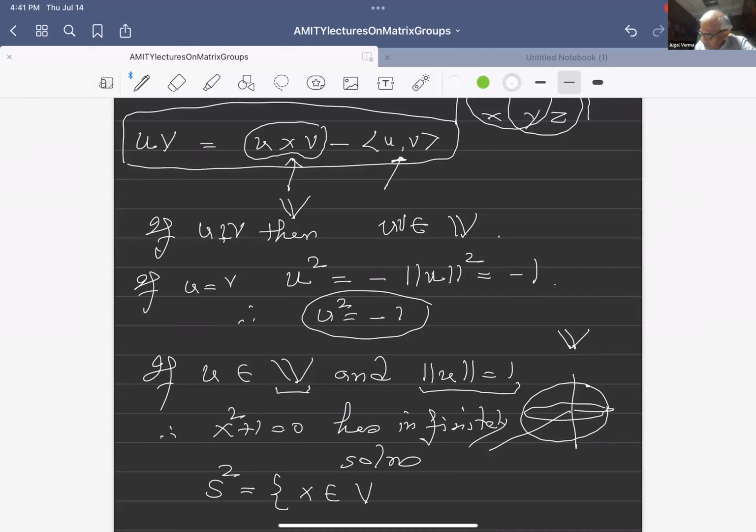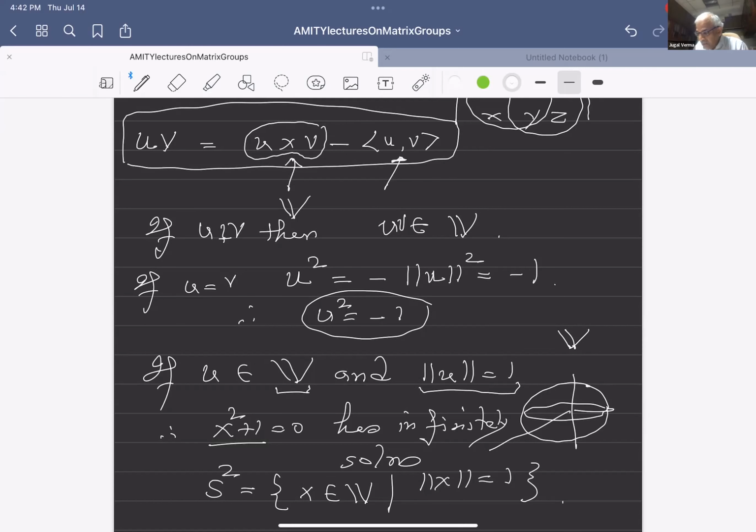These are all the quaternions of unit length. So this doesn't happen in a field. If you take an equation over a field of degree n, it has at most n solutions. But now we are working in a non-commutative field.